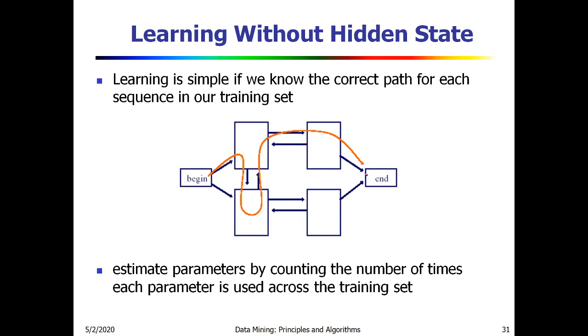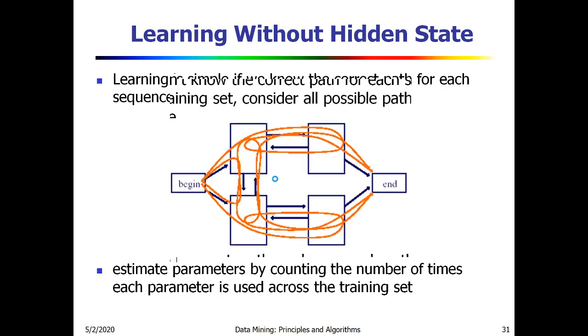If a training set is given a particular sequence, then finally we can easily find out the particular path. Then estimating the parameters by counting the number of times each parameter is used across the training set. So if this particular path is given, we are going to find out how many times that particular parameters are coming by counting the number of parameters across that particular training set.